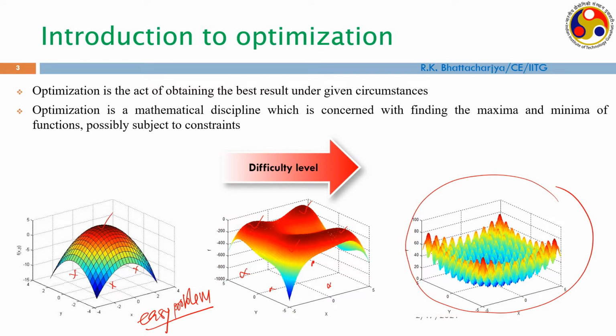If I say this is problem 1, this is 2, and this is 3, then for the first problem you apply the classical method. For the second problem you can also apply the classical method, but you can apply a non-classical method as well. For the third problem you should apply the non-classical method, because it is difficult to solve using the classical method.